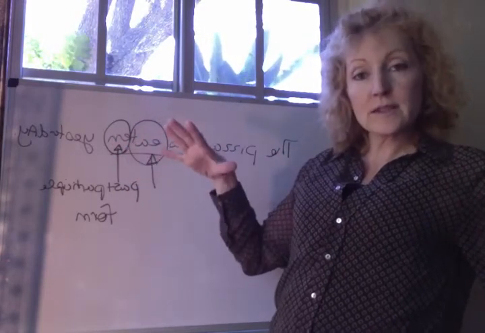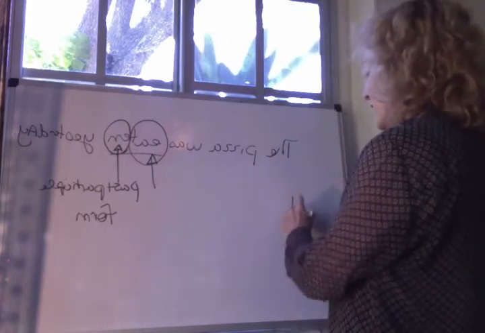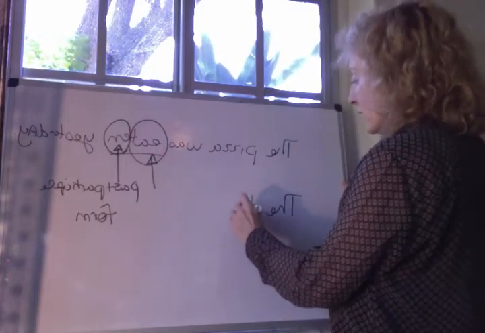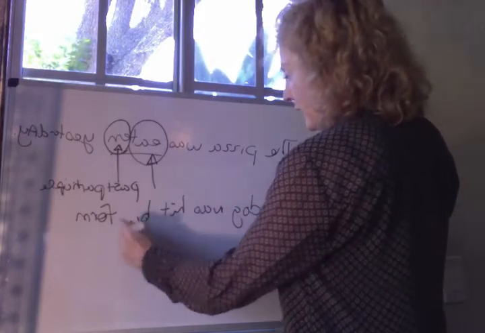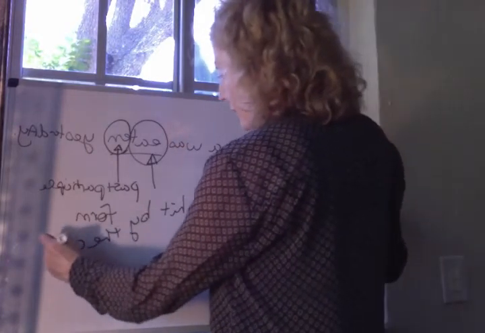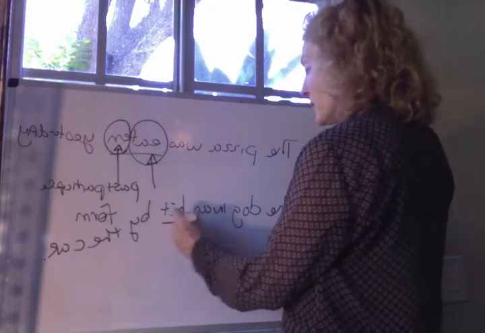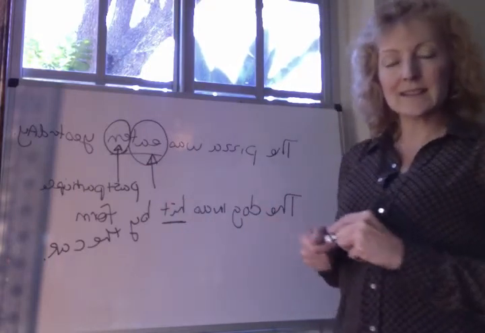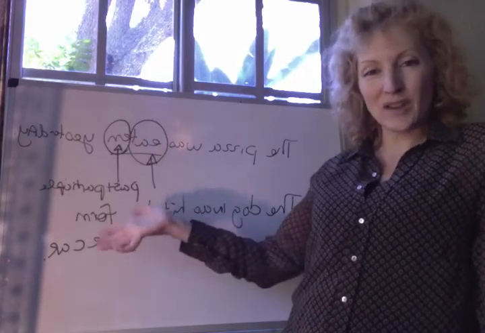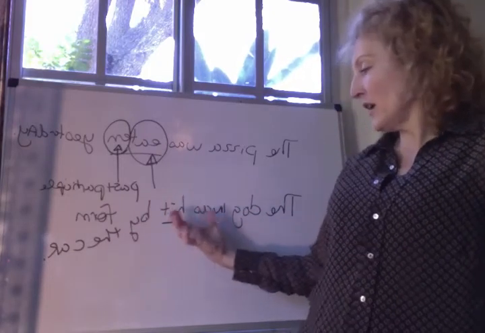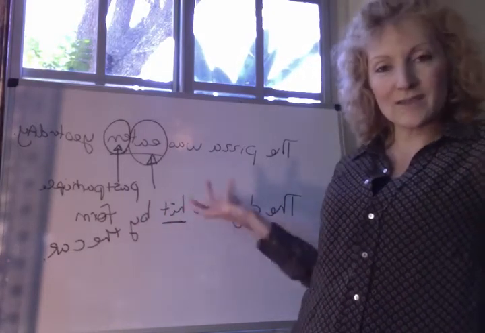Now notice that not all verbs show up with the en for the past participle. You have differences. So for example, if you said, the dog was hit by the car, and we look at this word hit, what's going on here? We don't say the dog was hitten by the car, but it looks like we have a passive structure here, a passive sentence.